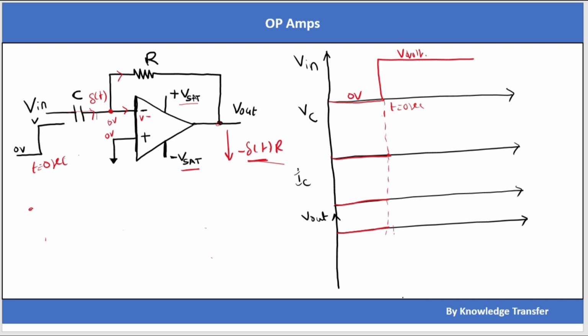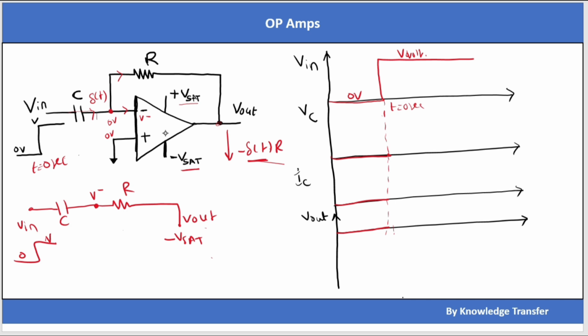So in this condition, if I redraw the circuit, there is a capacitor here, this is the minus terminal, and there is a resistor, and this is Vout. This is a resistor and this is a capacitor, this is Vin. So this is 0 volt and this is V volt. So here Vout will go to minus Vsat, because it tries to make this op amp a negative feedback system.